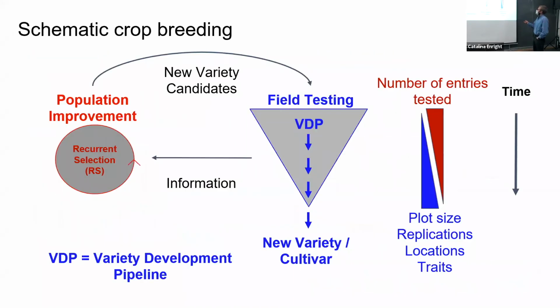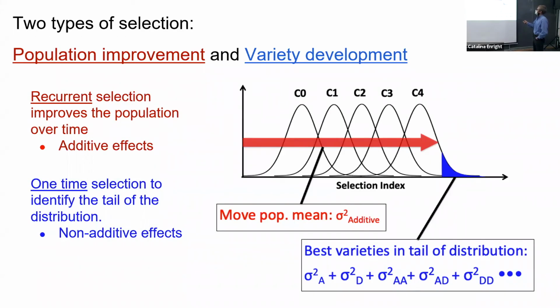And then you have variety development from any given population, where you're just interested in identifying the tails. For the recurrent selection part, the only thing that matters is the additive genetic variance. For the variety development, any source of total genetic value variance is going to contribute. So in particular, single locus dominance variance, which is what I'm going to be dealing with here.